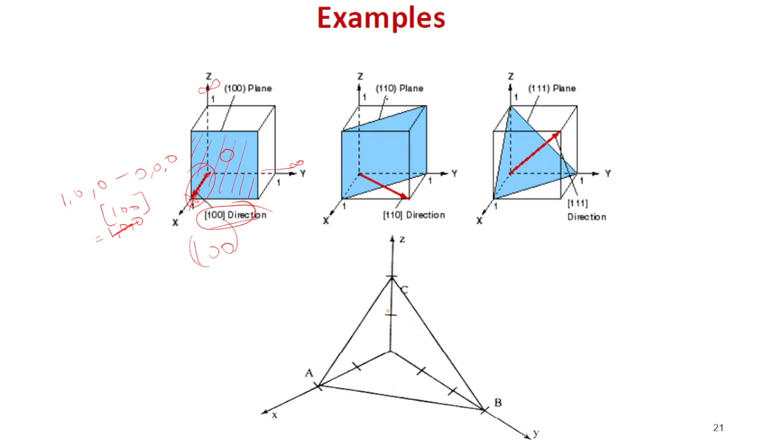If it is a 1, 1, 0 plane, usually the question will be 1, 1, infinity. Again the origin is fixed over here, the value of 1 is taken over here, and in the y direction there is another 1 over here, and then z is infinity, right? When we take the reciprocal, we get 1, 1, 0. With planes like this, initially we will only get a line. But this is just for a single unit cell.